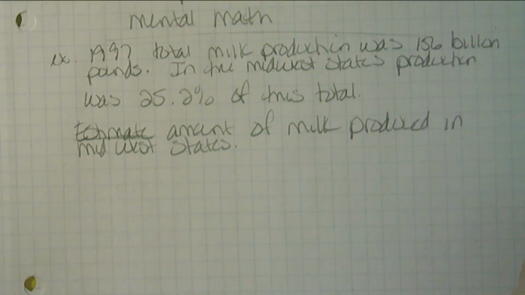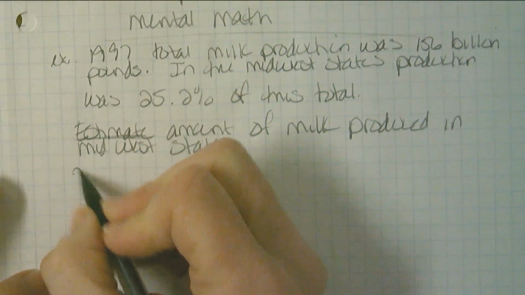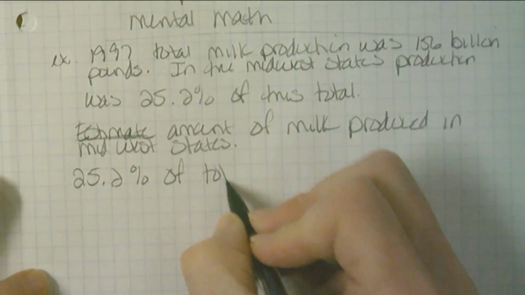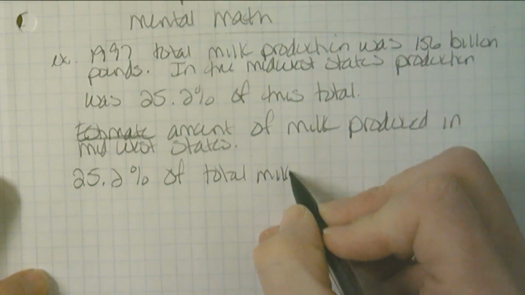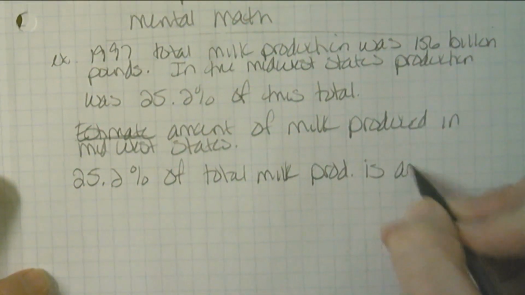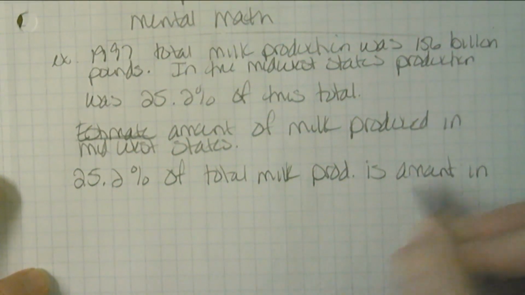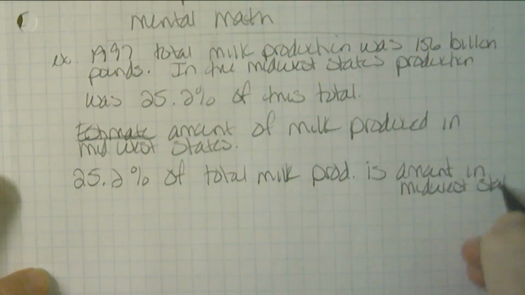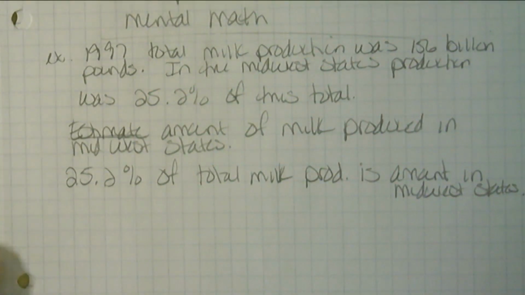All right, let's start with our percent sentence. 25.2% of total milk production is the amount in the Midwest states. So there's my percent sentence.